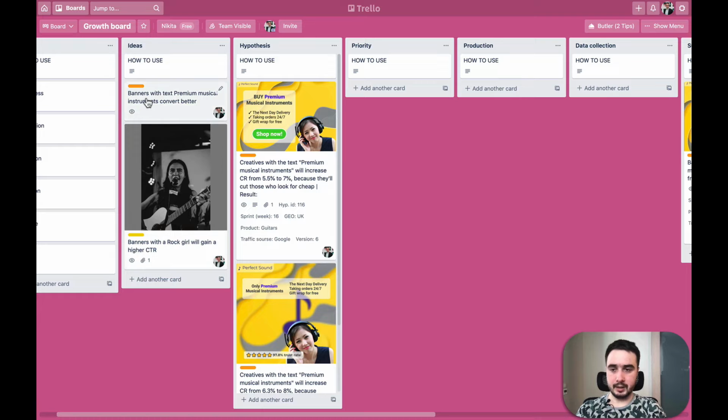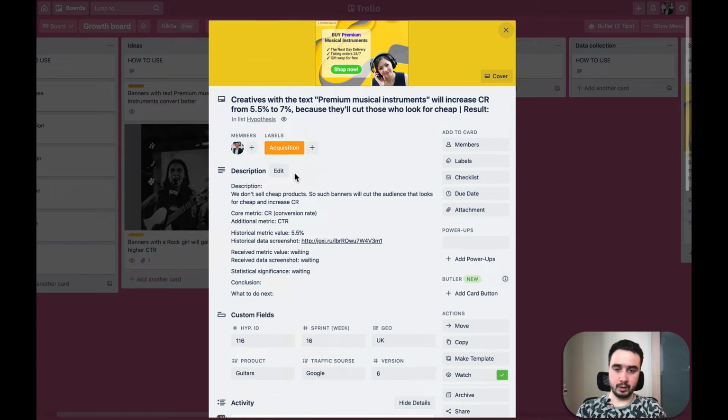So if I had an idea, banners with the text "premium musical instruments" convert better, it will turn into this: creatives with the text "premium musical instruments" will increase conversion rate, CR, from 5.5% to 7% because they will cut off those who look for cheap.